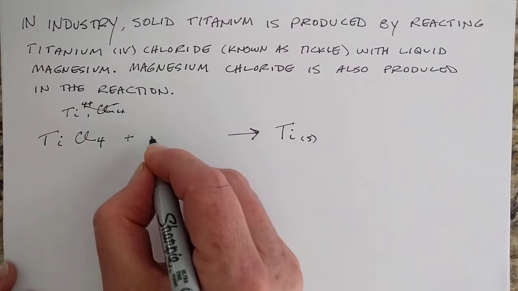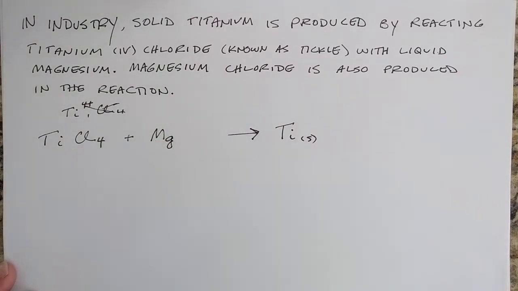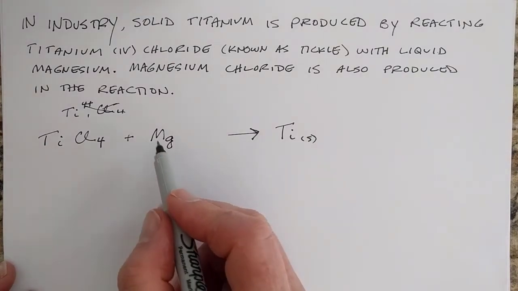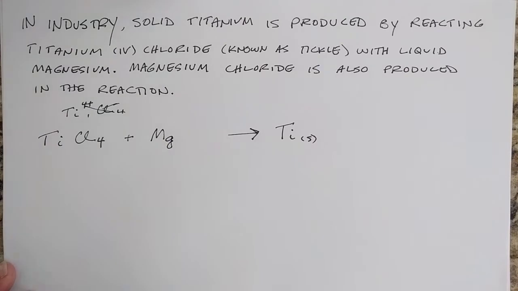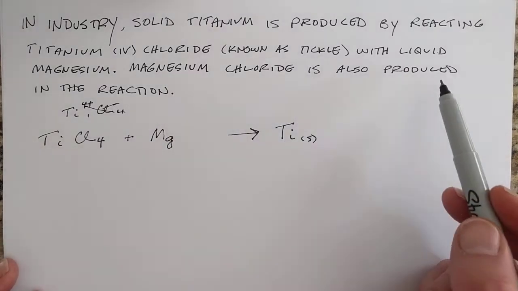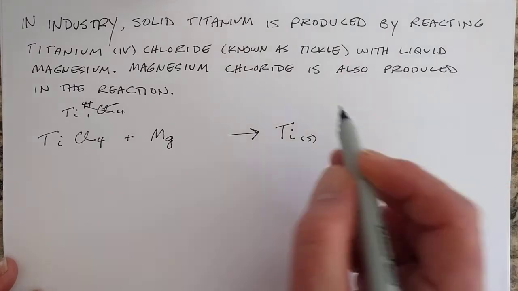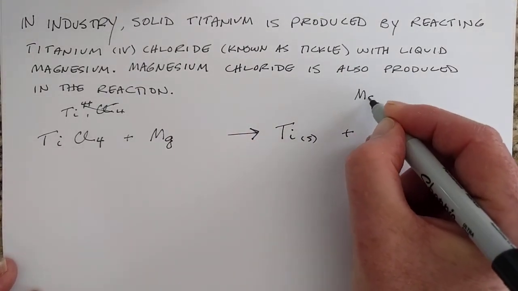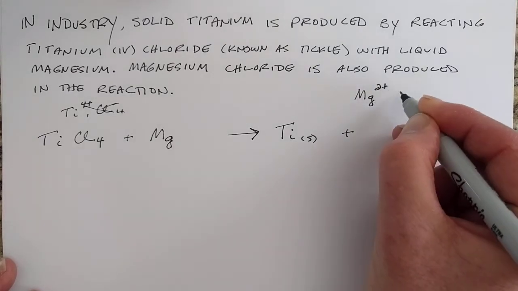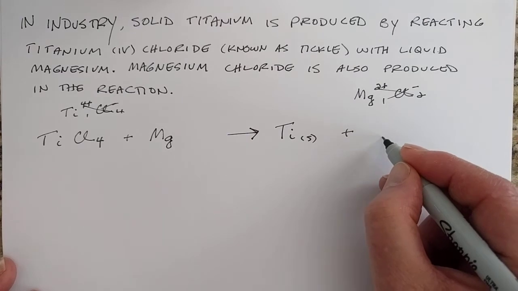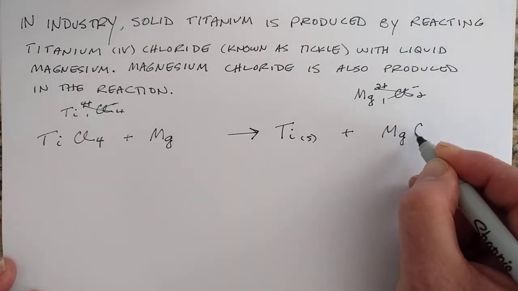Elemental magnesium doesn't have a charge, and it is not a Hofbrinkel, so that's the formula, just like that. It says magnesium chloride is also produced, meaning it is a product. Magnesium, 2 plus ion, chloride -1, and our formula is MgCl2.